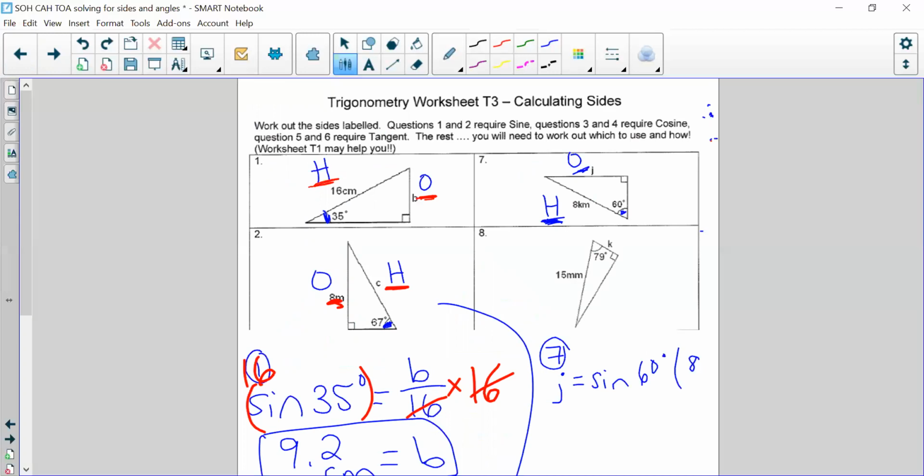If you want to set up the whole formula, go ahead, or just grab your formula triangle. Either way, play around with it, see which one's easier. When I do that, I get 6.928, something around 6.9 kilometers in this case.